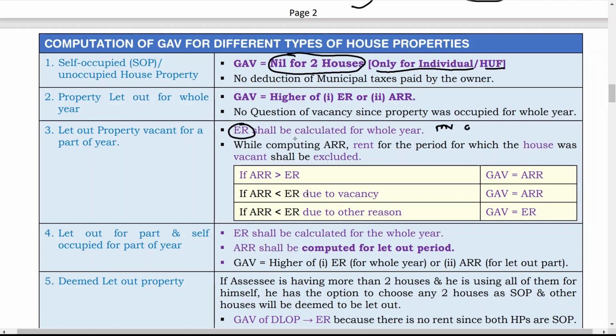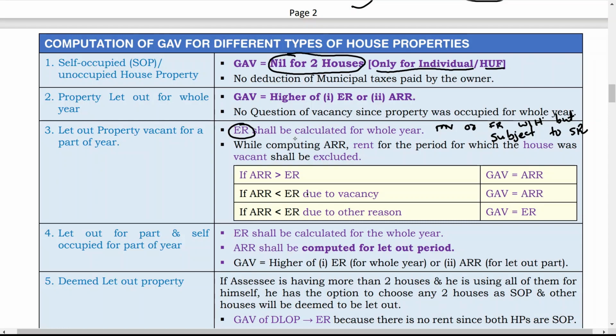MV or FR, whichever is higher, but subject to SR, which we already discussed. That is to be calculated for the whole year, even though it is let out for a part of the year, because we are charging the notional income of the house property.